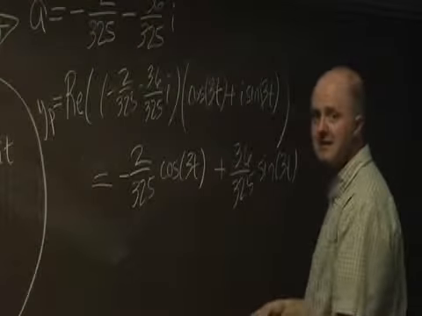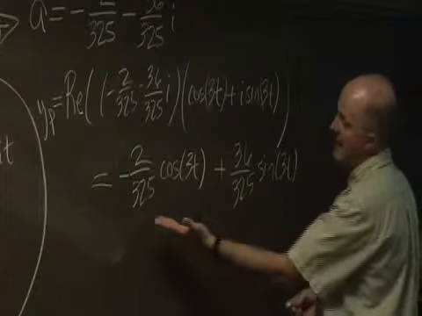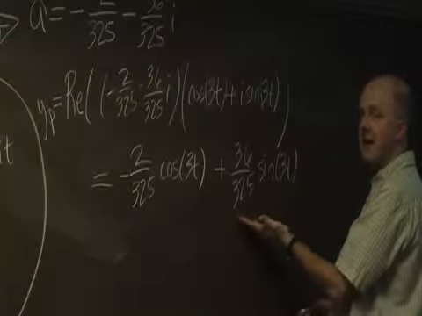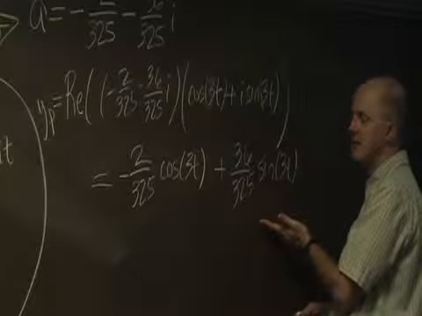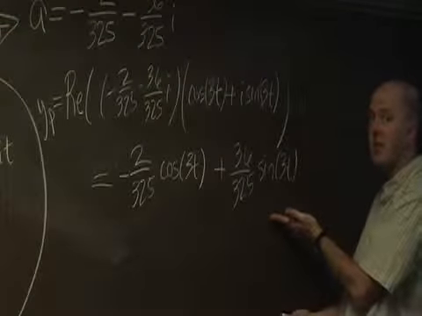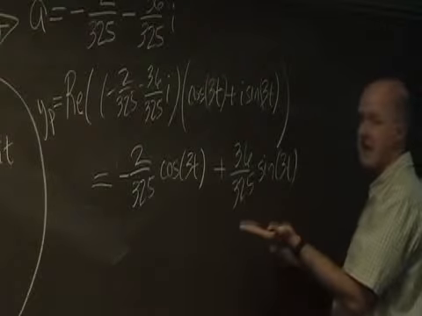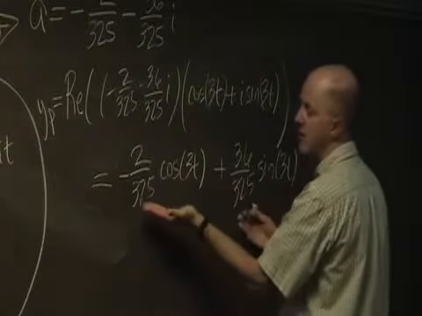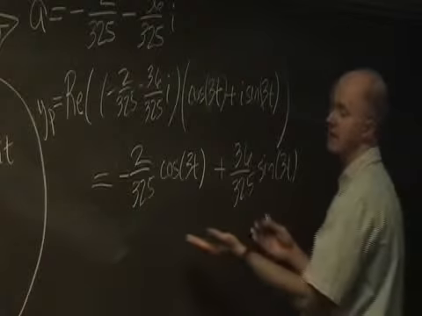And if you had guessed a times cosine of 3t plus b times sine of 3t originally for yp, you would have gotten the same answer. You would have found your two undetermined coefficients to be these two numbers.